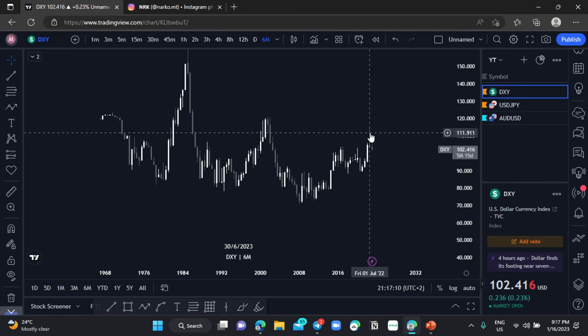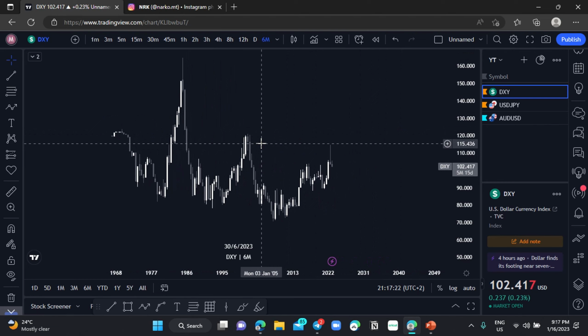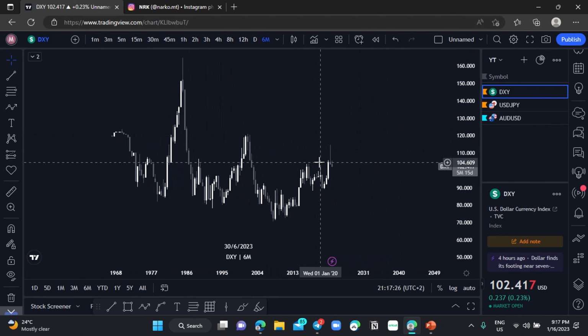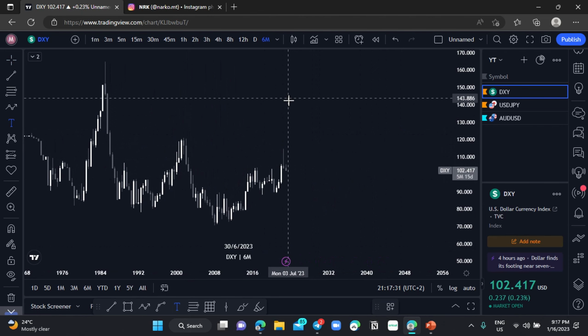And okay, so in this video I am going to explain the dollar index correlation with USD pairs. Okay, so here we have the dollar index on the 6 months chart. So for sure you're asking yourself, what is the dollar index?